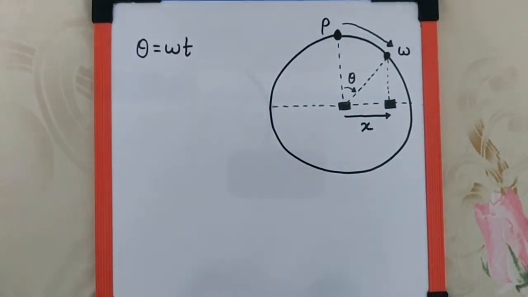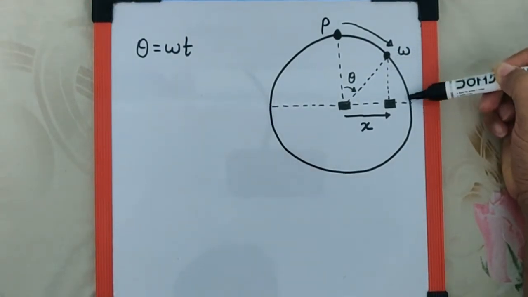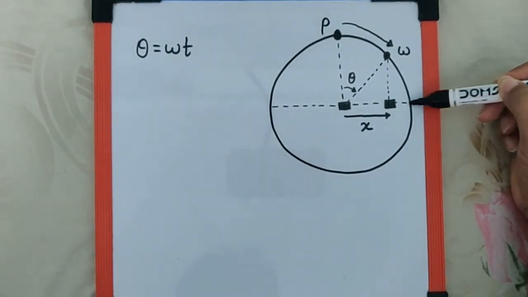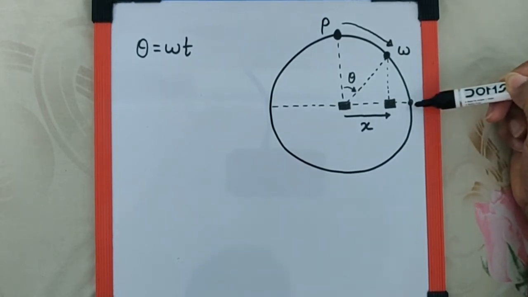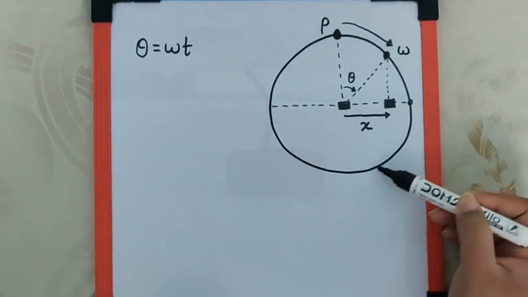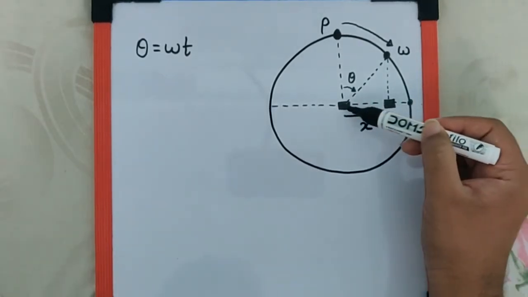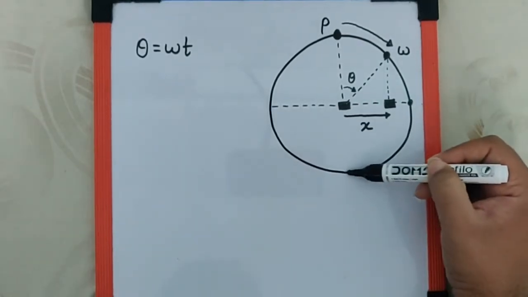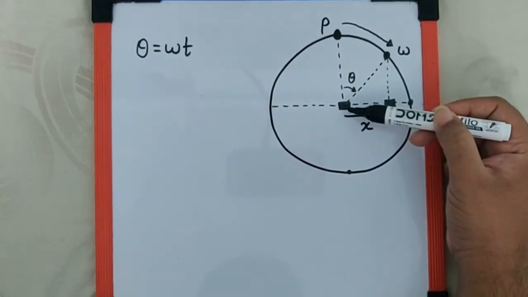Now similarly, if this particle travels further, the shadow travels further over here. At this junction, the particle and the shadow collide or merge. Now as the particle moves further, the shadow will move back to its original position. So when the particle reaches over here, the shadow comes back to its mean position.